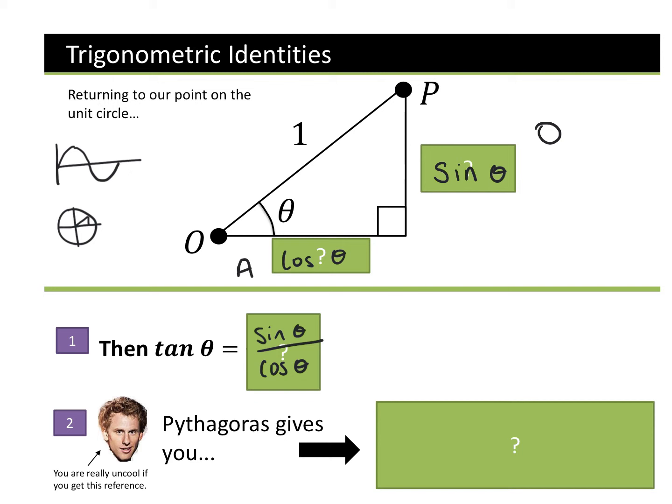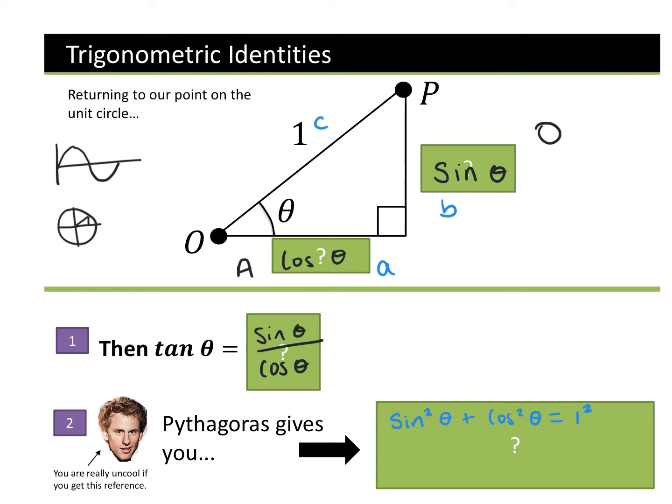Pythagoras, absolutely. And Pythagoras says that a squared plus b squared equals c squared. So we're going to come on to our second identity. It doesn't matter which way you do it, but sine squared theta plus cos squared theta equals 1 squared.